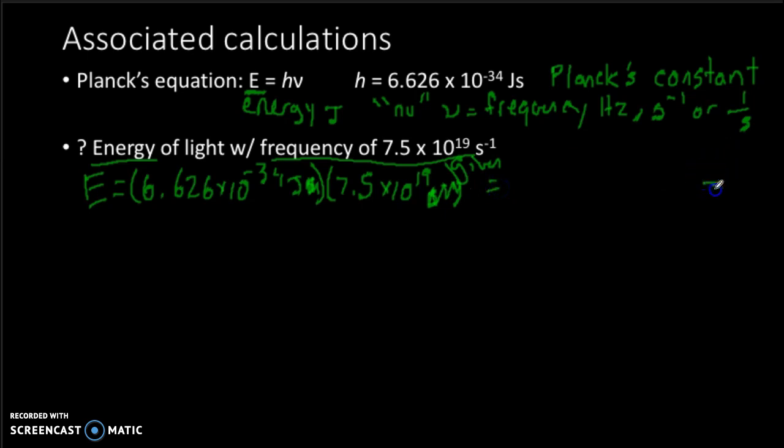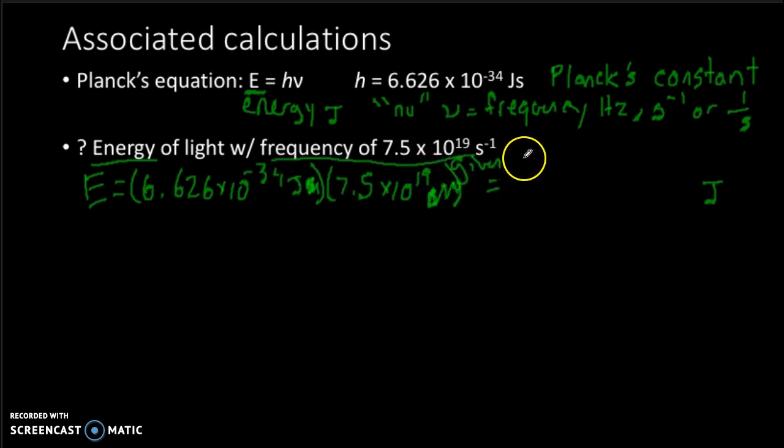Now I want you to do a little bit of mental math here and think. I've got 10 to the -34th and 10 to the +19. So I'm going to have a negative exponent in scientific notation here.